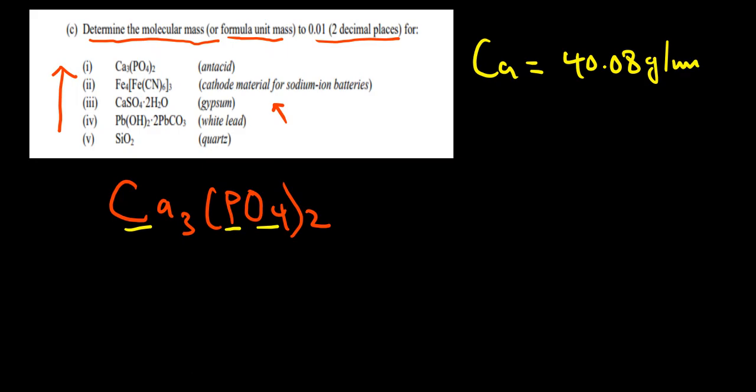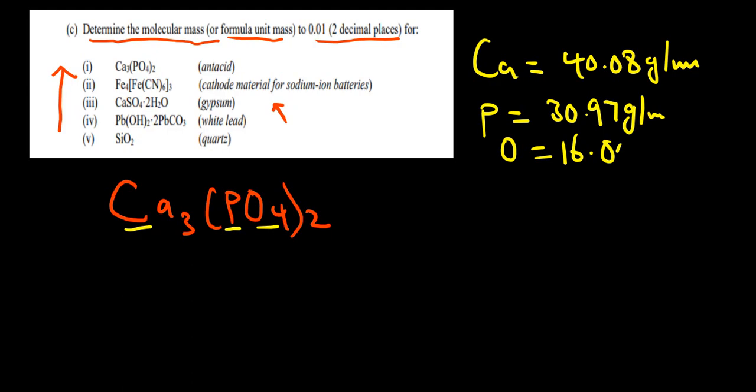For phosphorus, if we round it off to 2 decimal places, we get 30.97 grams per mole. And for the oxygen, we saw that it was 16.00 grams per mole. These are the atomic masses that we're going to be using here.